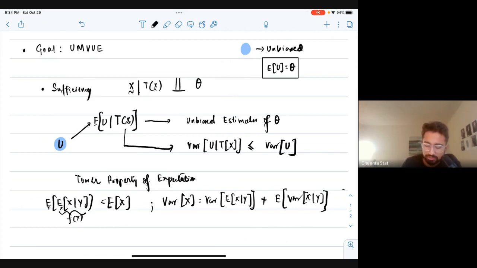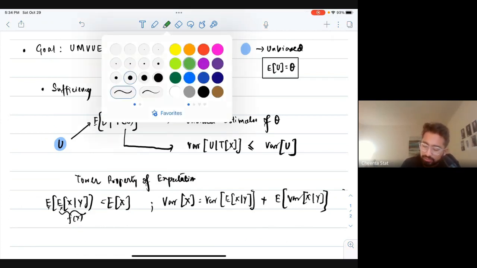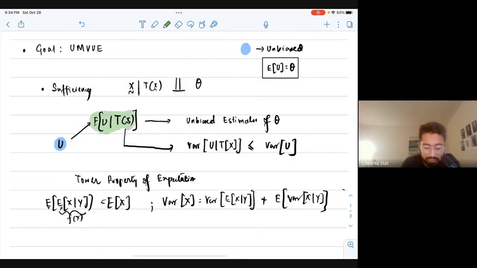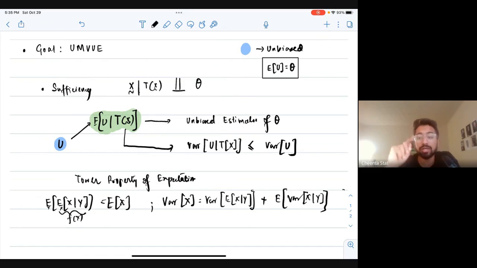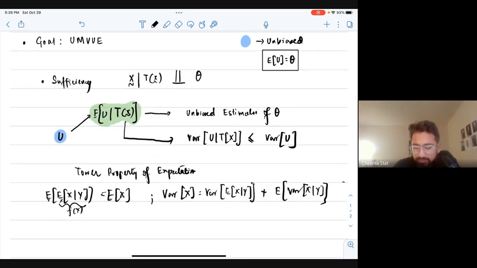That means this new statistic, or I don't know whether it's a statistic or not, let's see, is also unbiased. But there's a question. Since we're taking expectation over U, it can also contain parameter values, right? But this will not contain parameter values just because T(X) is a sufficient statistic.